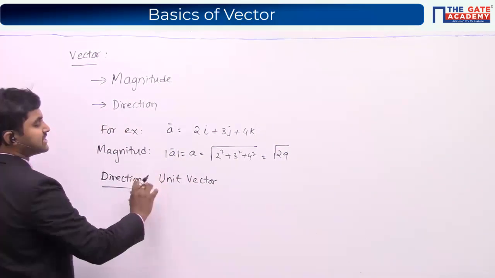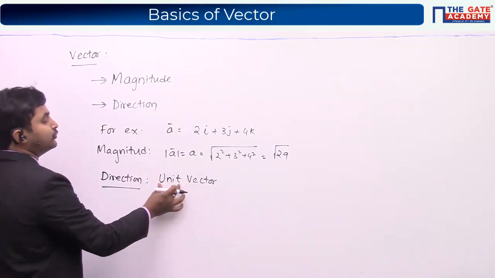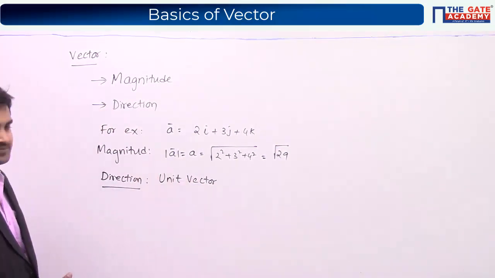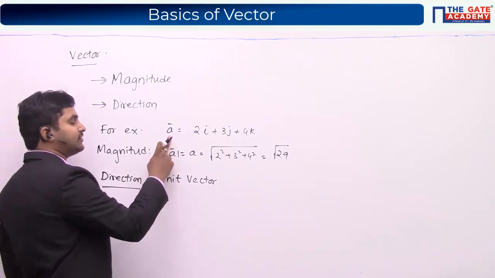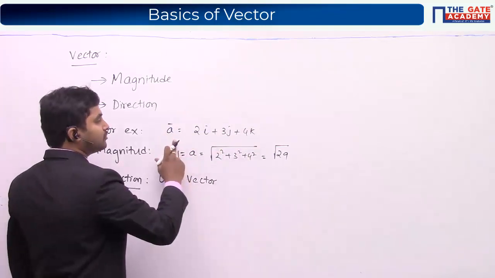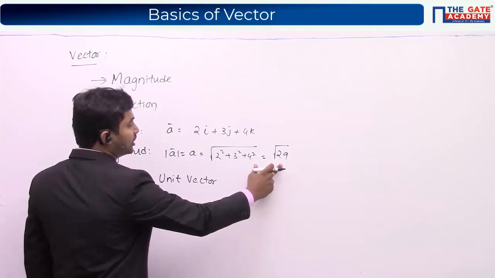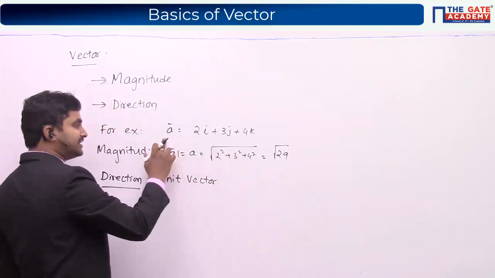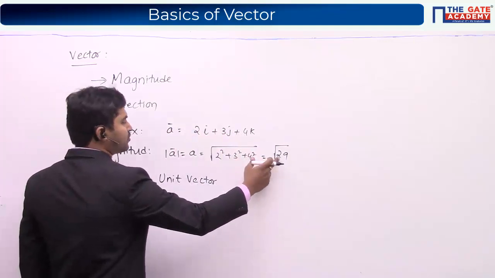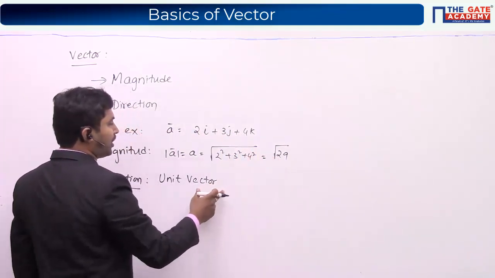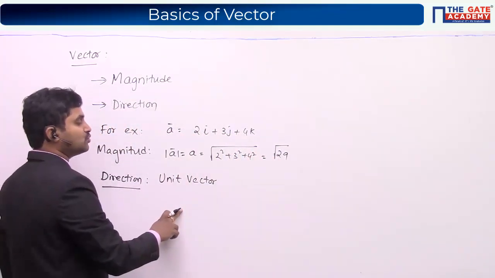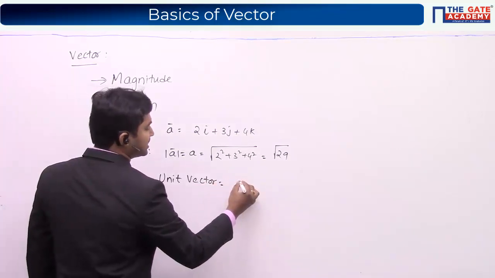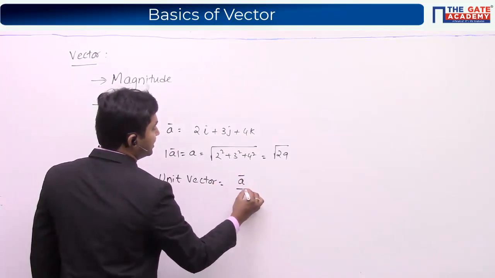Unit vector means a vector which has a magnitude of unity. Now when you have a vector which is not a unit vector, because its magnitude is under root of 29, it's not equal to 1, in order to get its unit vector, logically what you do is a bar divided by a.